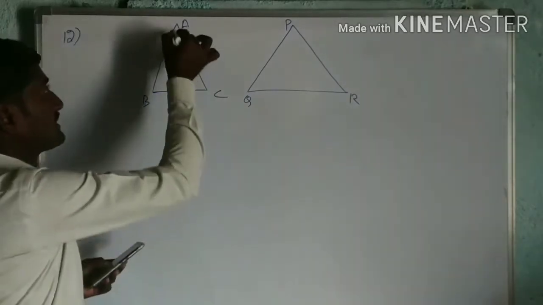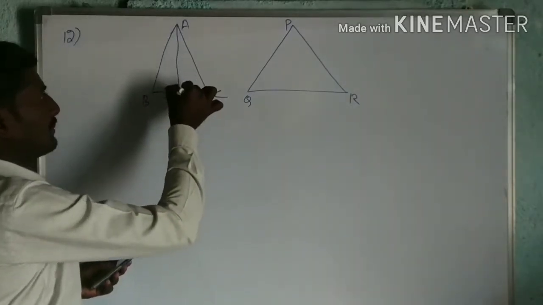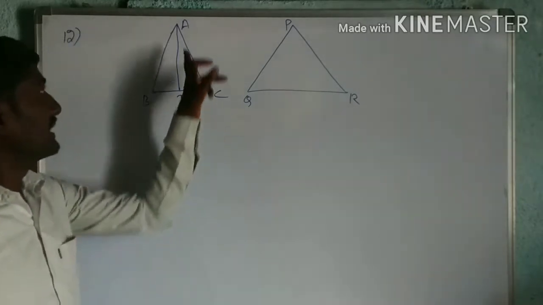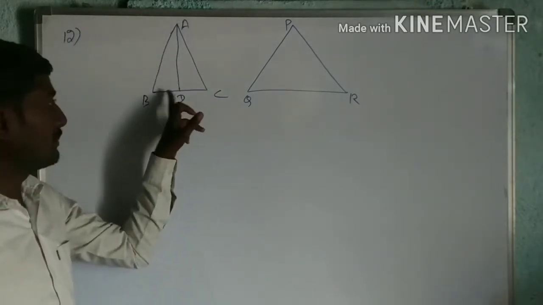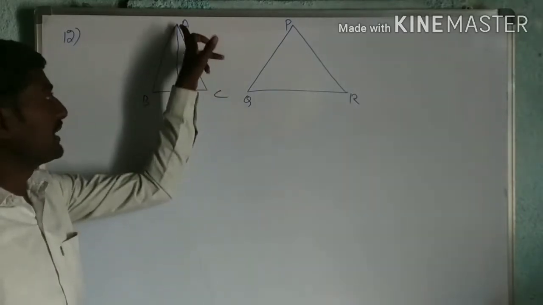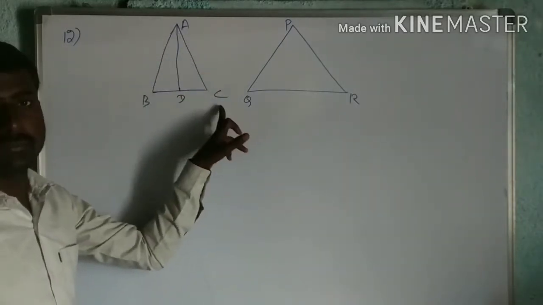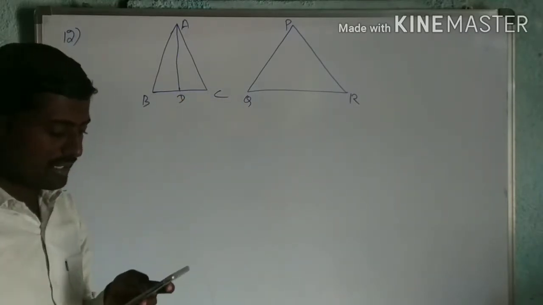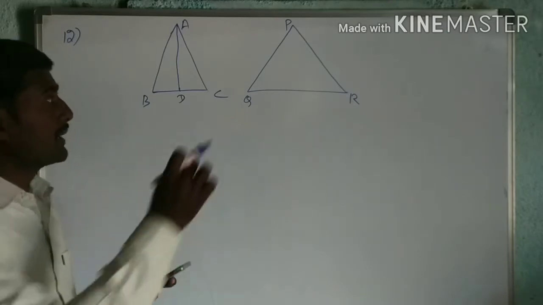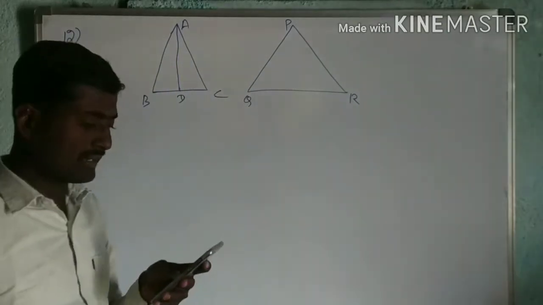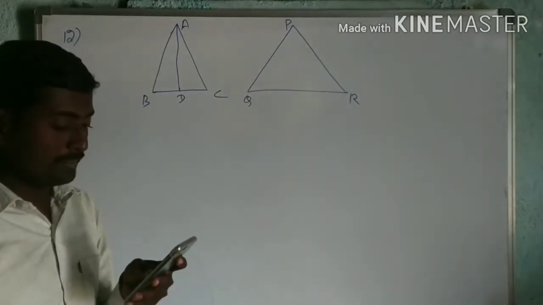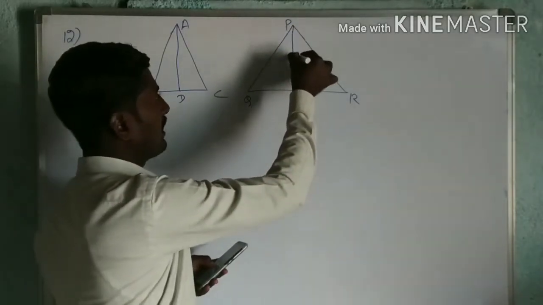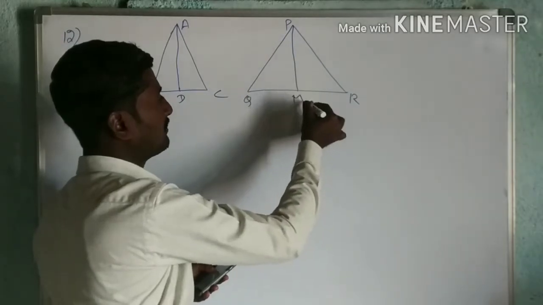So let us draw the median AD. AD is the median, which means D is the midpoint of BC. It means BD is equal to DC, I can write. Similarly, proportional to the sides PQ and QR and median PM. From P I have to draw the median PM.